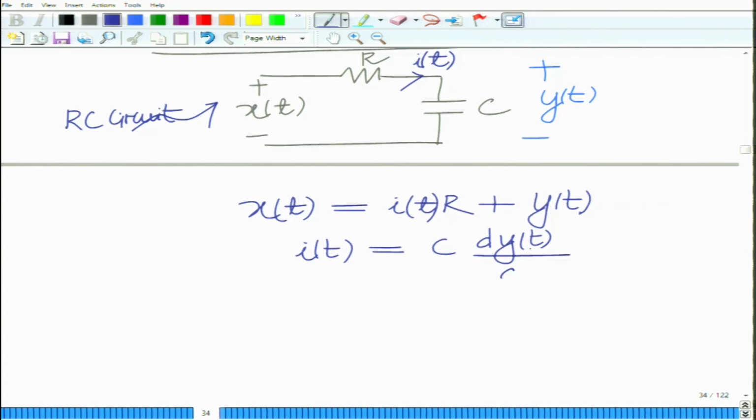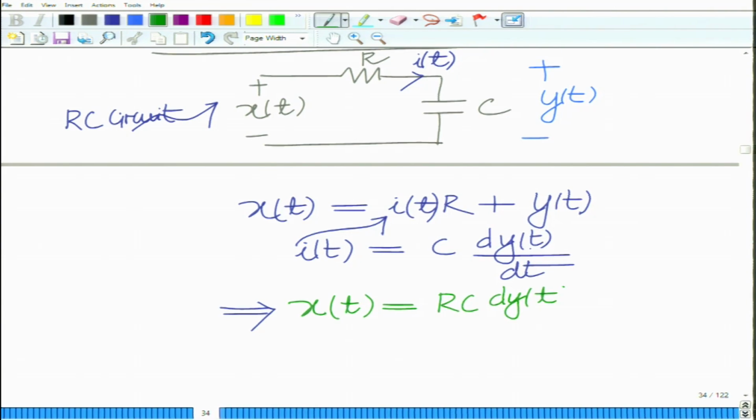But we know the current across the capacitor is C times the derivative of the voltage across the capacitor, that is C dy(t)/dt. Now substituting this expression for i(t), we have x(t) equals RC dy(t)/dt plus y(t).